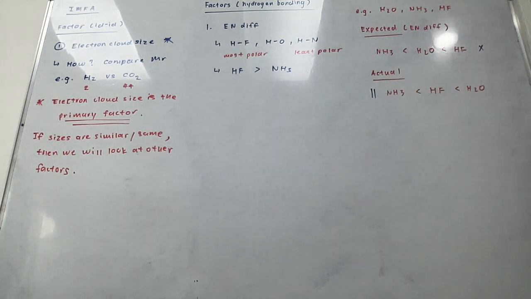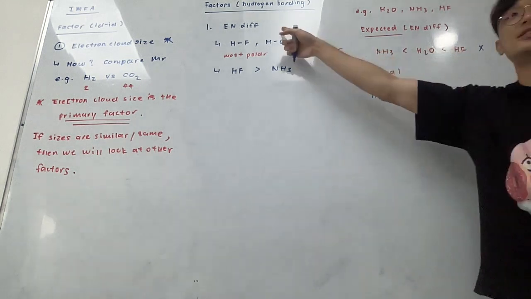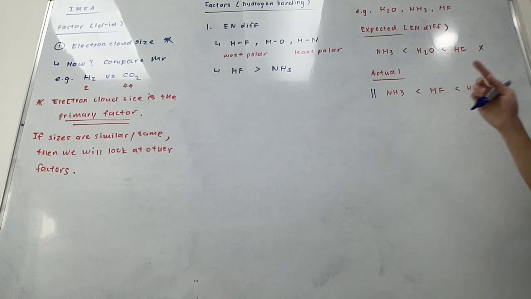First of all, HF versus NH3. Does this make sense using this factor? HF has a higher melting point because it has stronger hydrogen bonds. Why? It's more polar than NH3. So that makes sense so far.